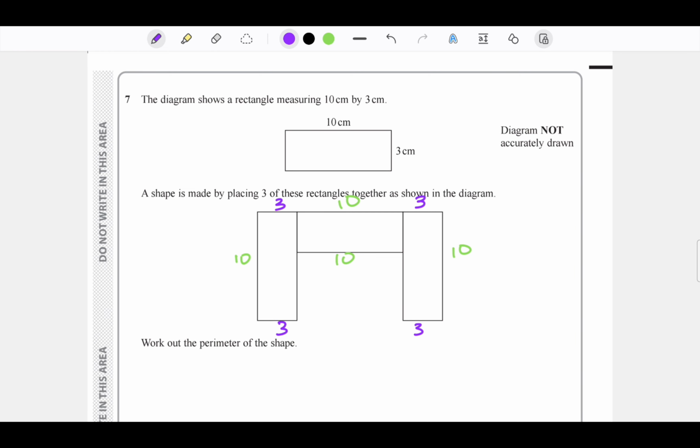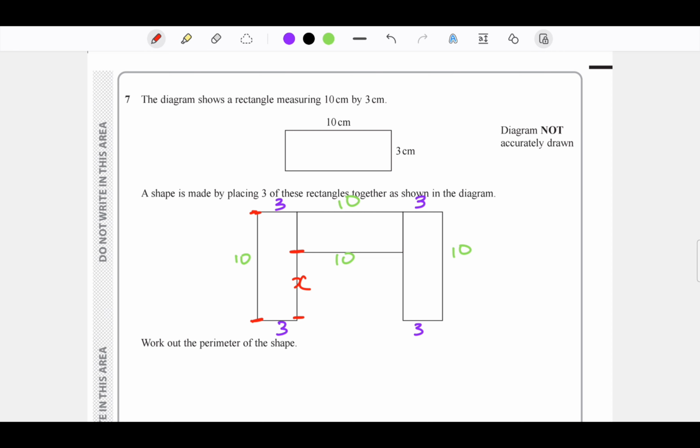So this length from here to here would be the total, which is 10, minus this length, which is 3, because of this rectangle here. To get the length of this, let's just say x.